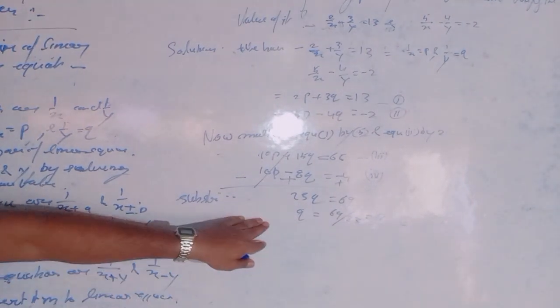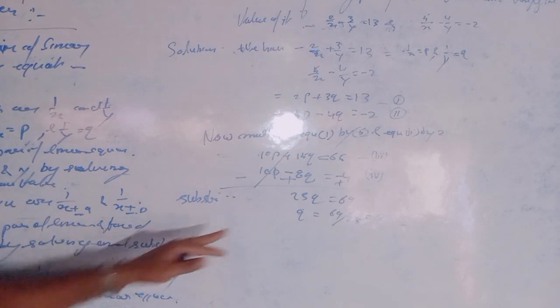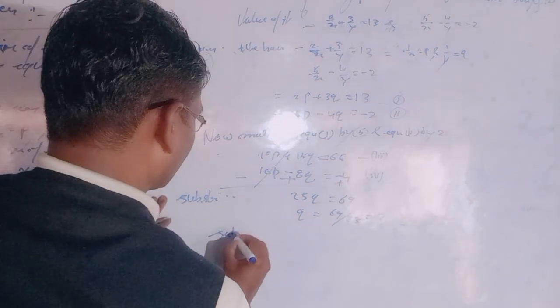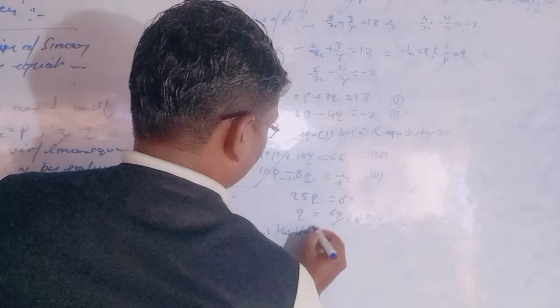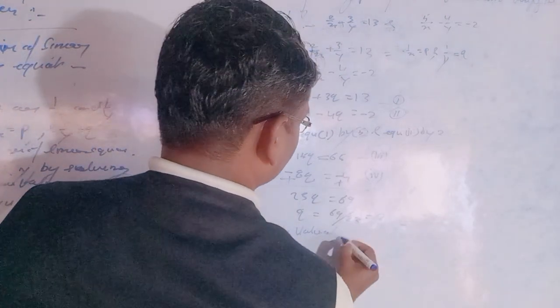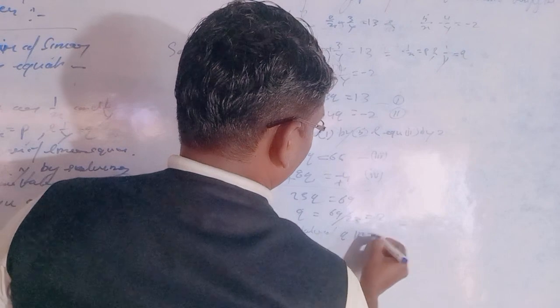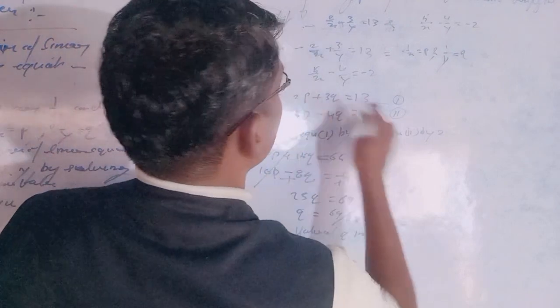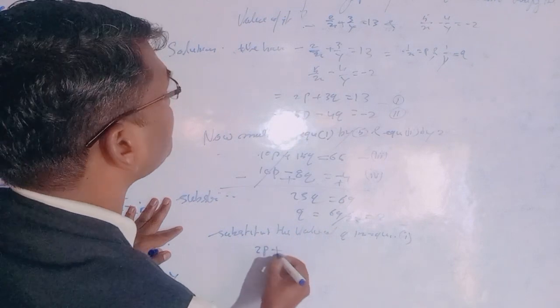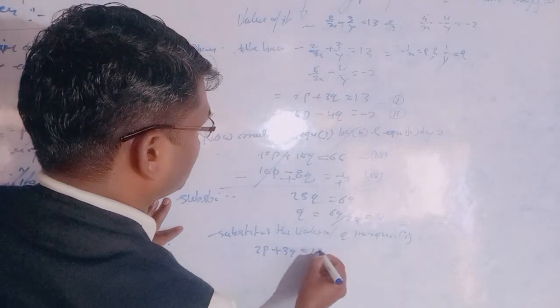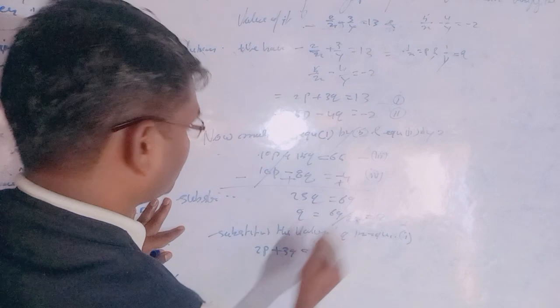Now we will substitute the value of q in equation 1. So 2p plus 3q is equal to 13, and the value of q is 2.